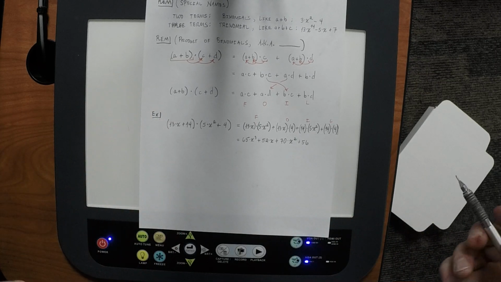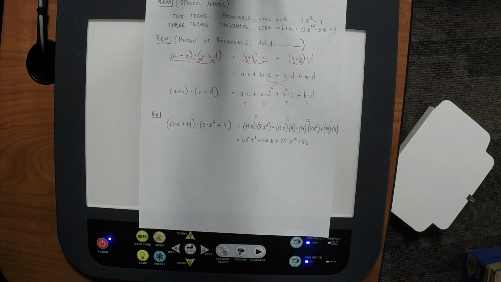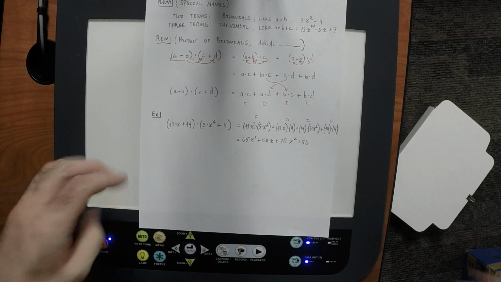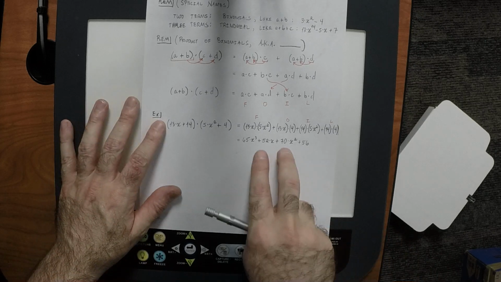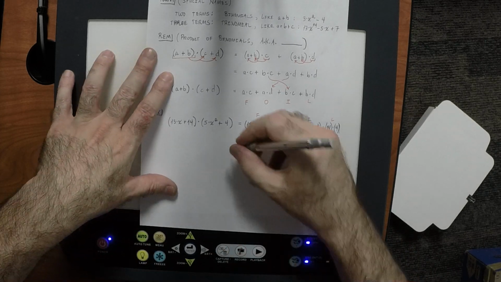There's one last thing, though: to put it in the way that's expected, the terms should be in order of decreasing degree, which is a fancy way to say make the biggest ones come first. So is it that way now? No, because these ones in the middle need to be commuted.